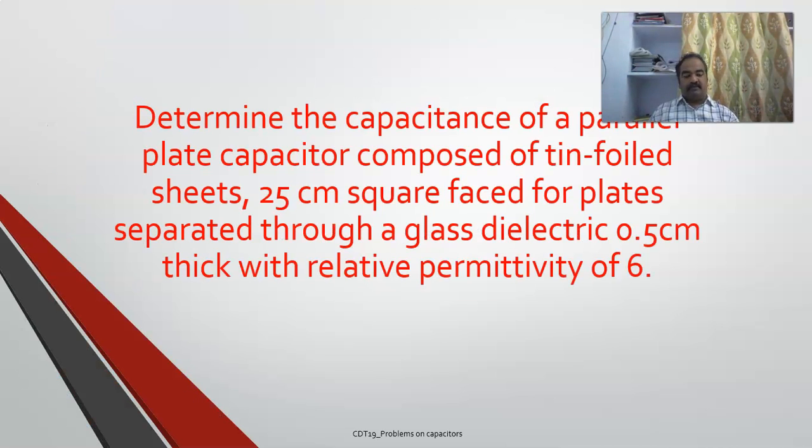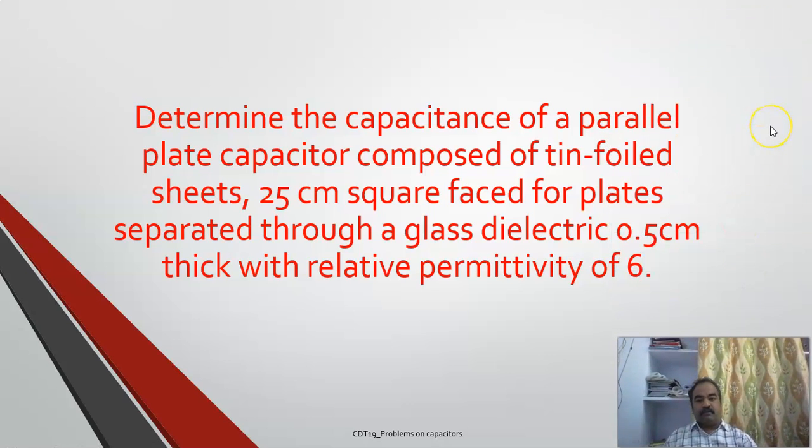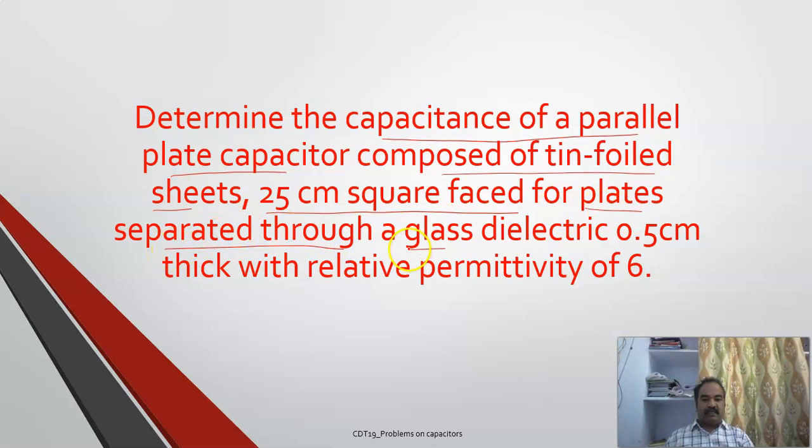Coming to the first problem. The question asked is: determine the capacitance of a parallel plate capacitor composed of tin foil sheets 25 cm square faced for plates separated through a glass dielectric of 0.5 cm thick with relative permittivity of 6.